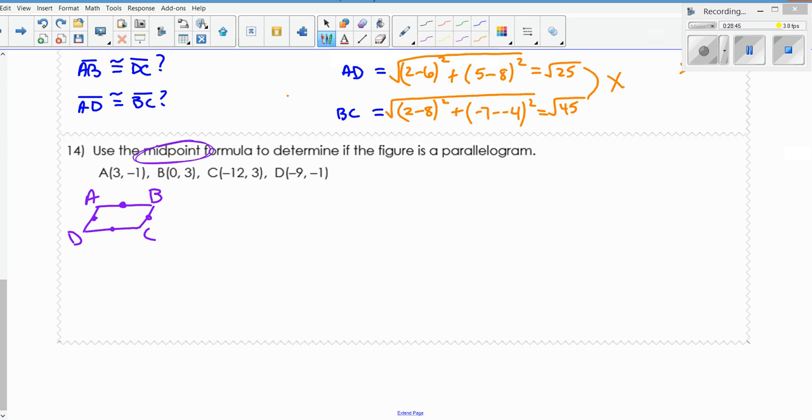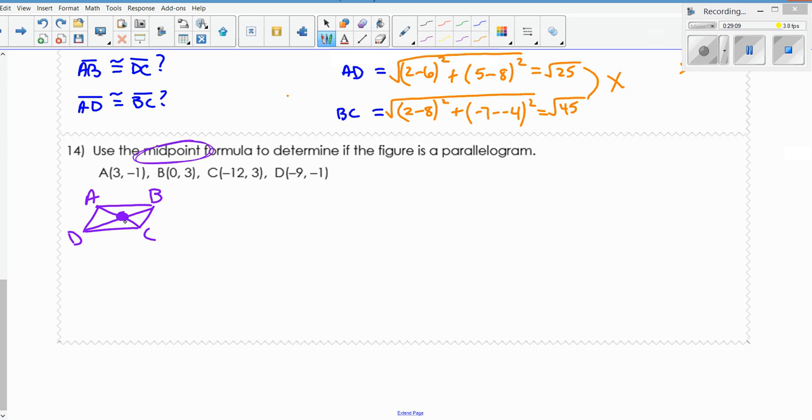But what midpoint does help us with is the property about diagonals bisecting each other. If I can find this diagonal's midpoint and this diagonal's midpoint, their midpoints are the same because they intersect and they bisect one another. Specifically because they bisect one another, that midpoint would have to be the exact same.